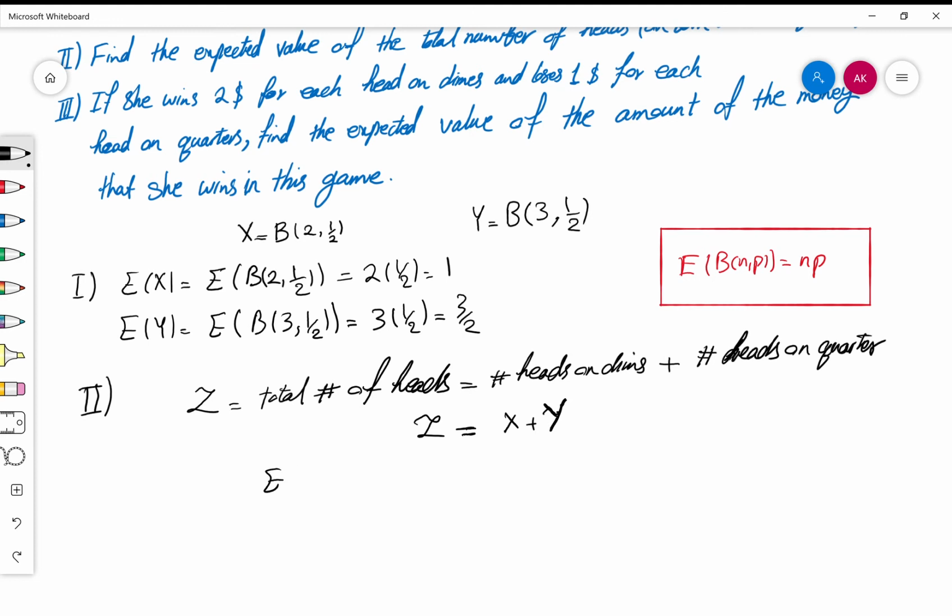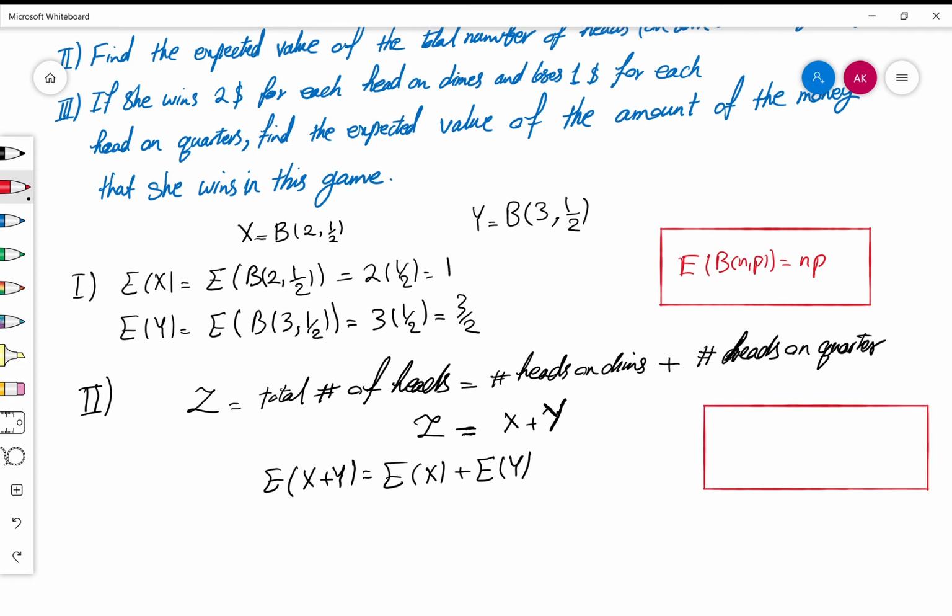And if we are trying to find the average total number of heads, or expected value of that, we know that E works very nicely. This is a good point to recall this: E of ax plus by is a E of x plus b E of y.